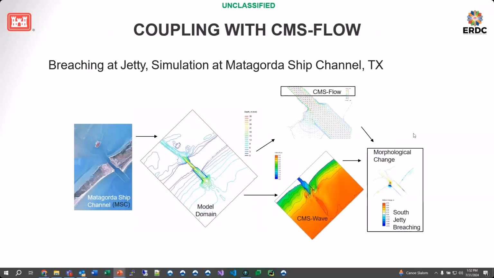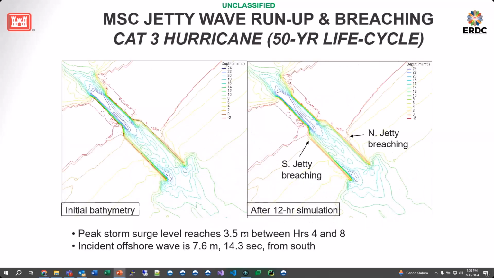And then we're able to combine with CMS the wave model, the wave grid, and the flow grid together to get an answer through time. And this is how we typically use it for our real world cases, and very convenient. We have also used CMS Wave for breaching of some jetties in some areas.